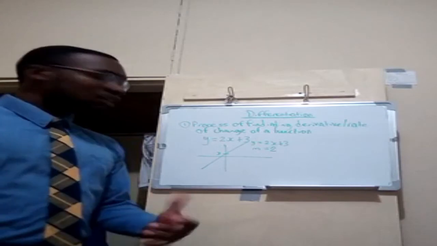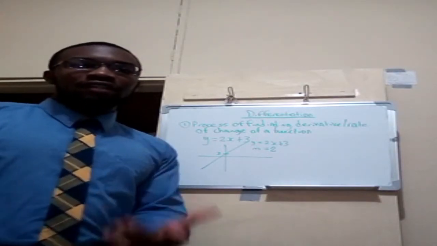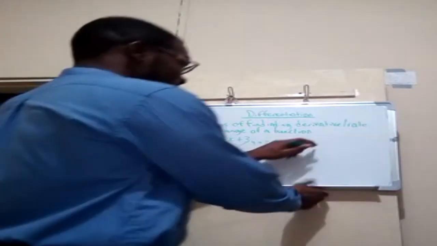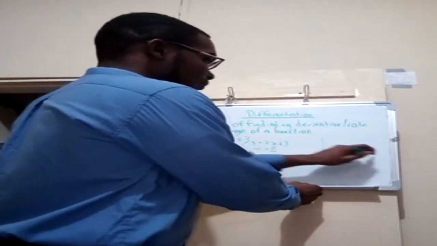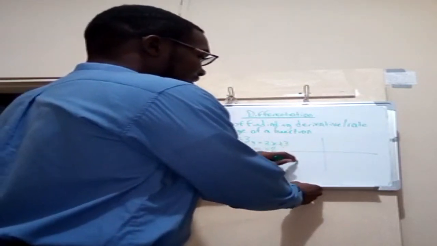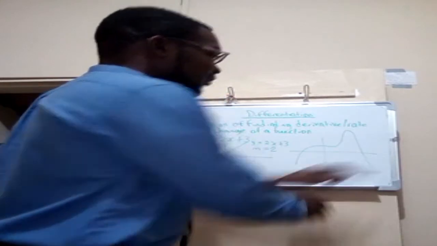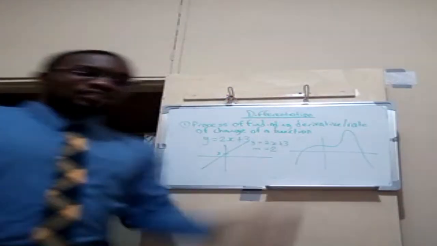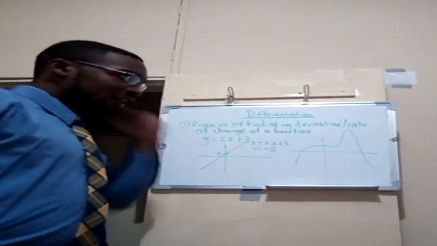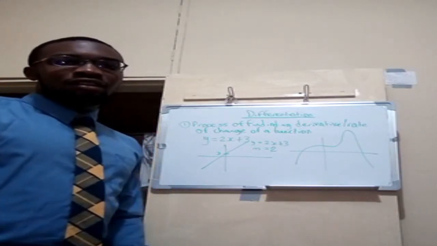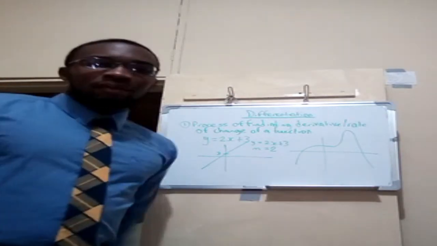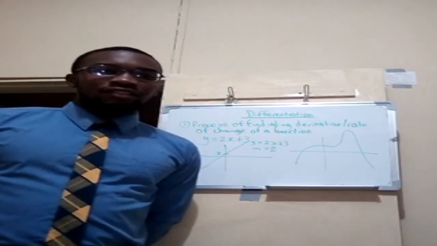Now, if you were to consider a curve, let me consider a curve. If we have that curve, look at this curve. So we have a curve right there. How would we find the gradient? Well, remember how we find gradient, right?